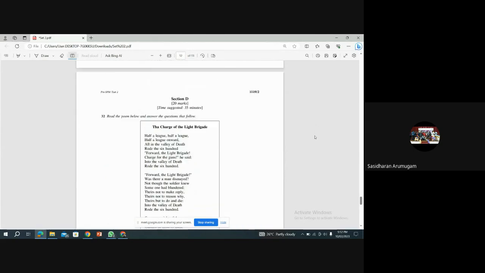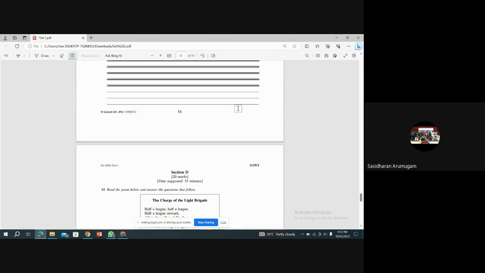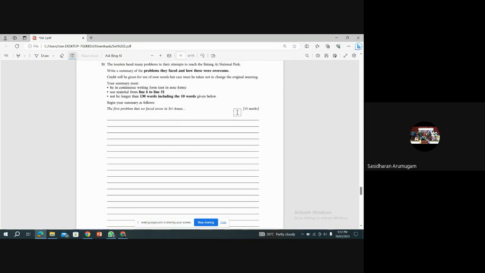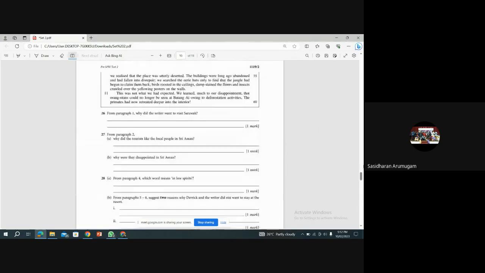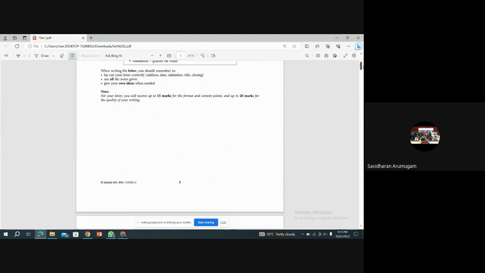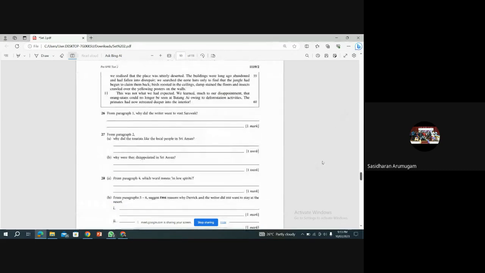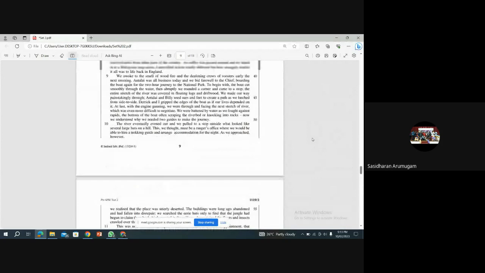But it's not the latest, no problem. We just skip section D and consider section C only, because I'm scared this is the old format. It's not too old, but still considerable.